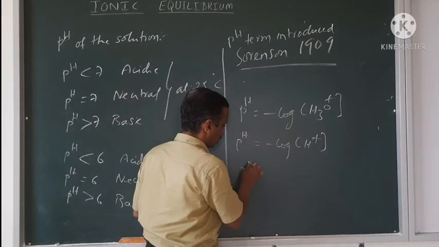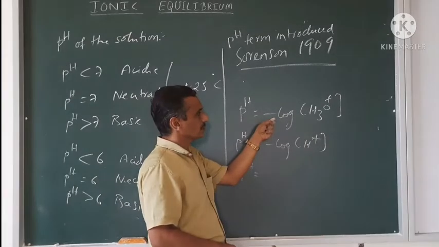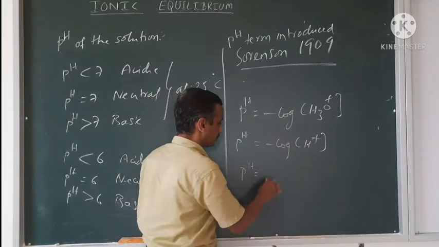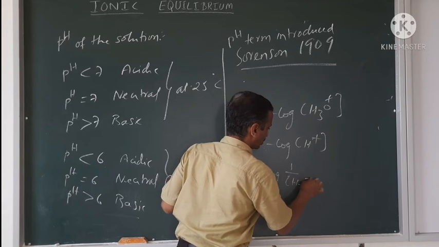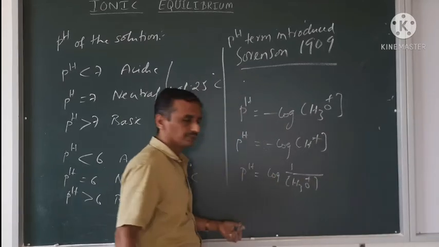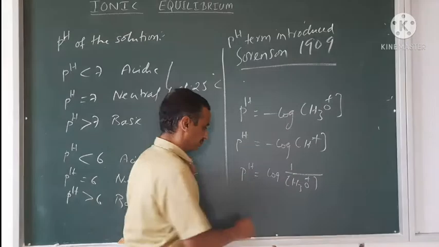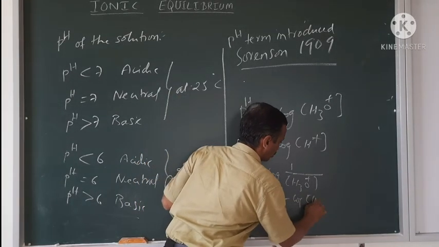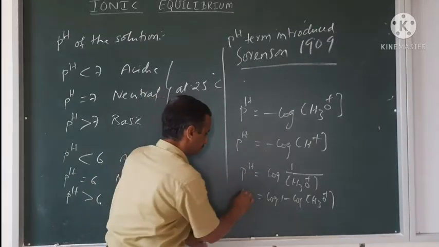Now, I can modify it. There is a minus and a log. I don't want a minus sign, so I say log of 1 by H3O plus concentration. I can write log A by B is log A minus log B. Log 1 minus log H3O plus concentration. Log 1 is 0.